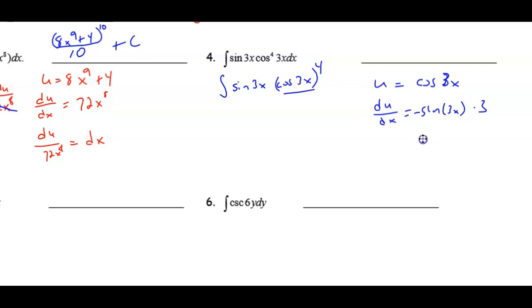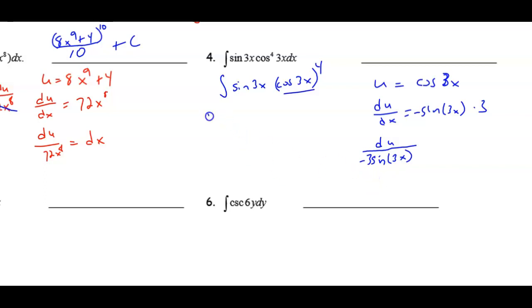All right. So that gives me du over negative 3 sine of 3x. And again, that 3 came from right here. 3 times negative sine of 3x is negative 3 right here, right?